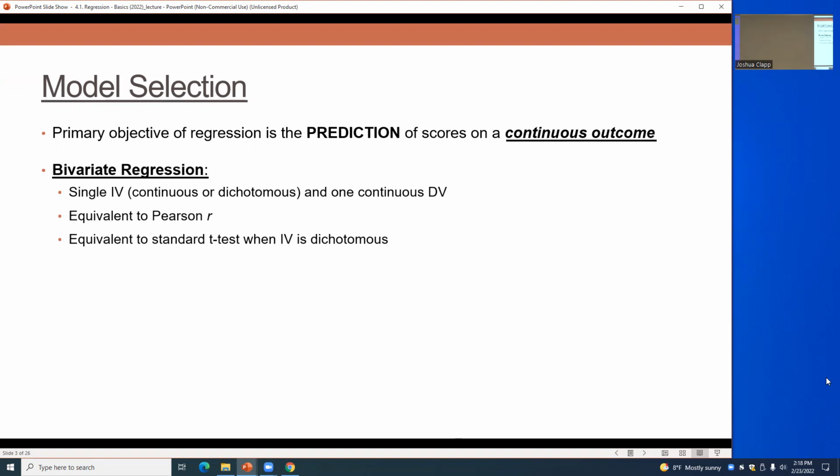If I have a bivariate regression, what I've got is a single independent variable or a single predictor. Particularly for all of psychology, but particularly for experimental folks, that idea of a predictor is a charged word. We're going to use it loosely in here because traditionally, even if I've collected concurrent data, I have one variable that's predicting a value of another.